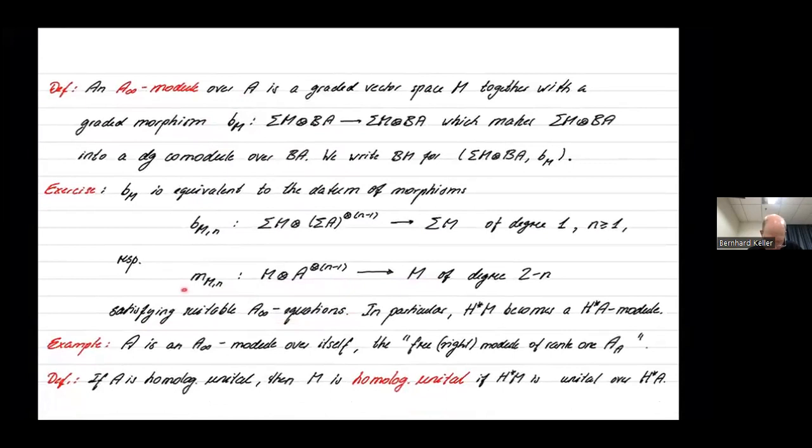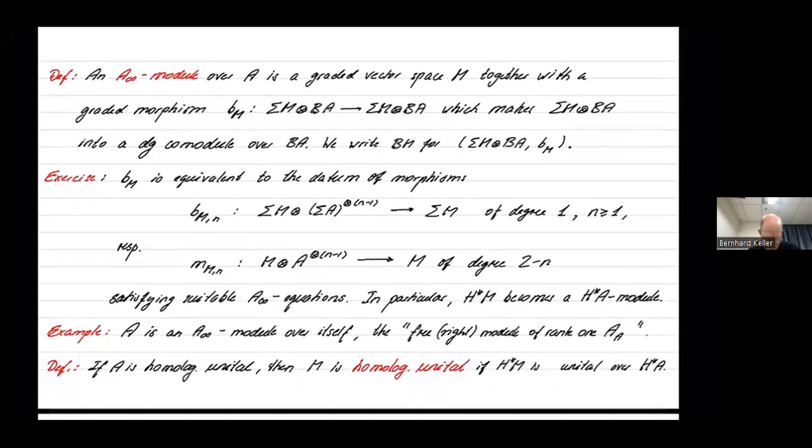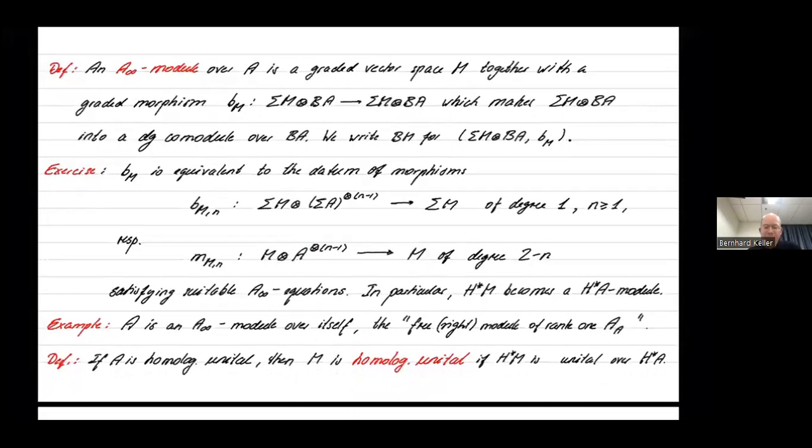And these equations will in particular tell you that if you take homology, then the homology of M becomes a graded module over the homology of A. For example, the algebra becomes a module over itself, the free right module of rank 1.